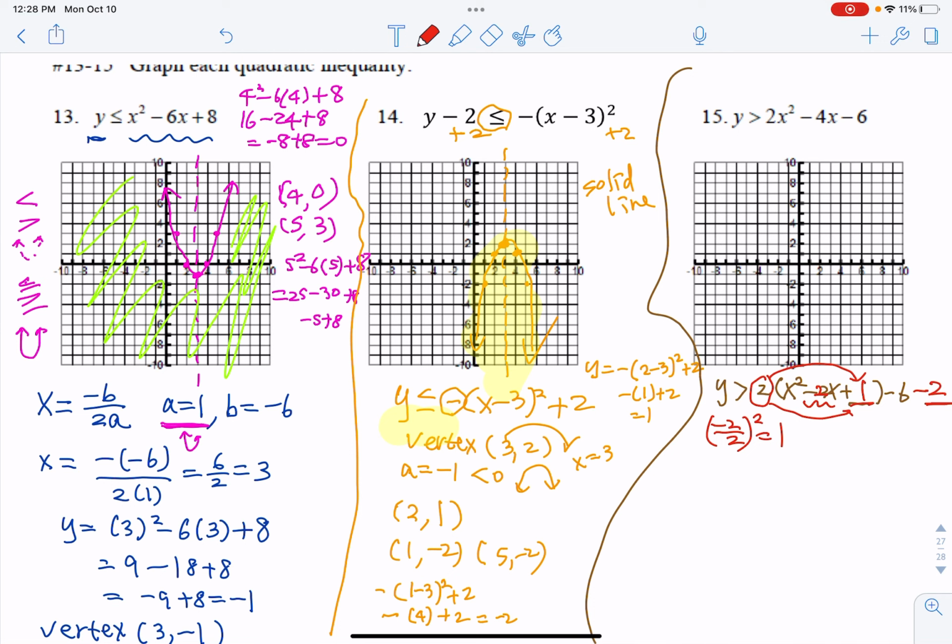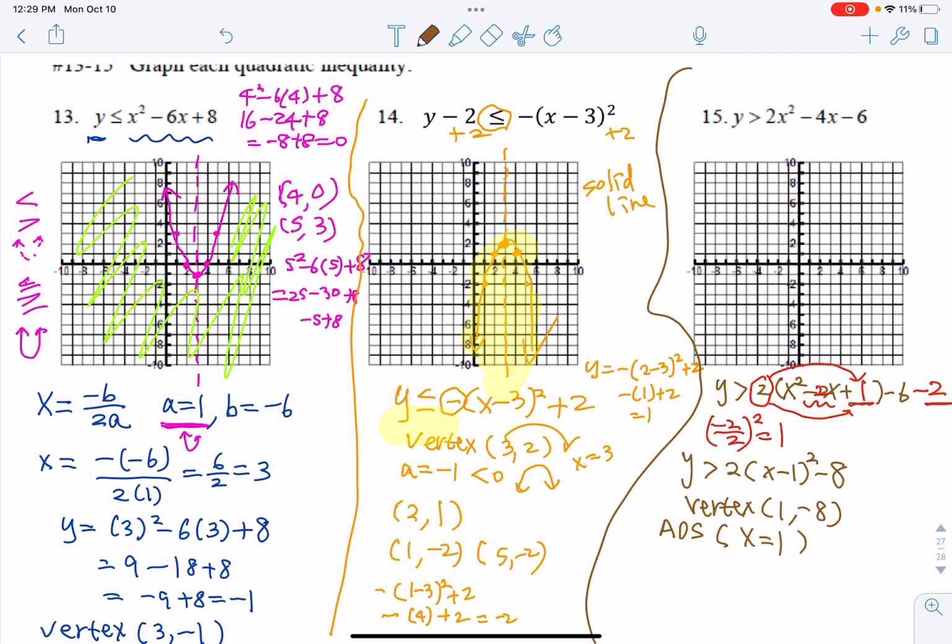If I rewrite after that, y should be greater than 2 with the vertex form, x minus 1 squared minus 8. So I can find the vertex at 1, negative 8, and the axis of symmetry will be x equal to 1.